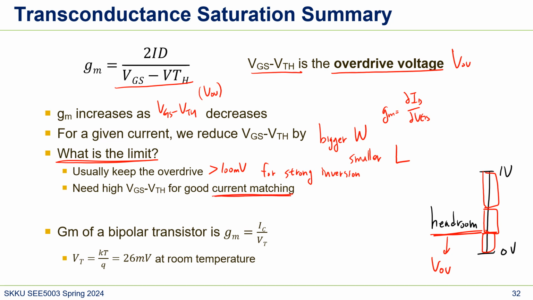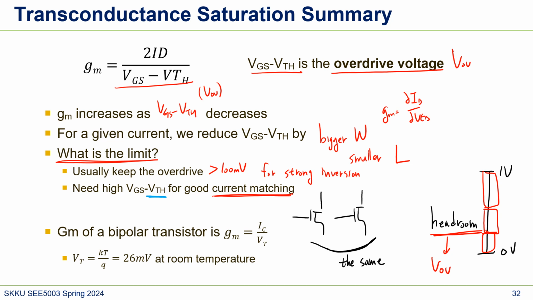This is kind of an advanced concept. There's the current mirror, which we're going to learn. There's a kind of mismatch in VTH between MOSFETs. For example, let's say we have this NMOS here, and right next to it there's another exactly same NMOS. Usually we want these to be the same for various reasons.